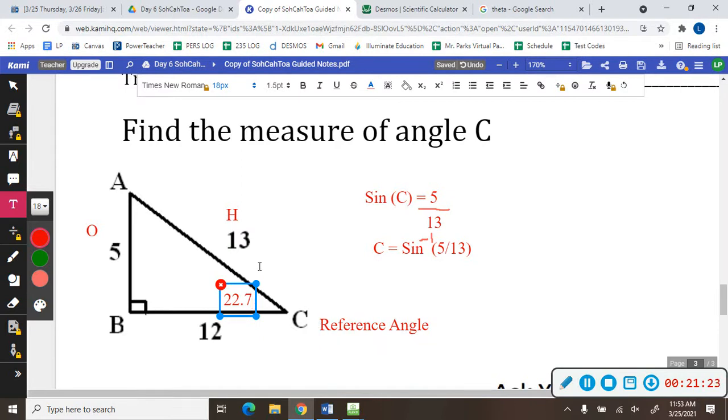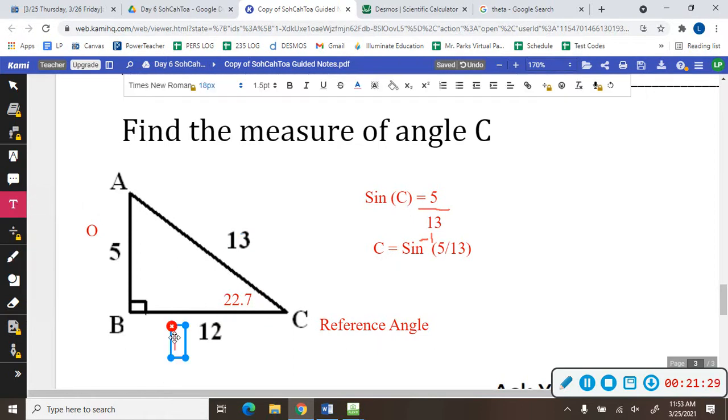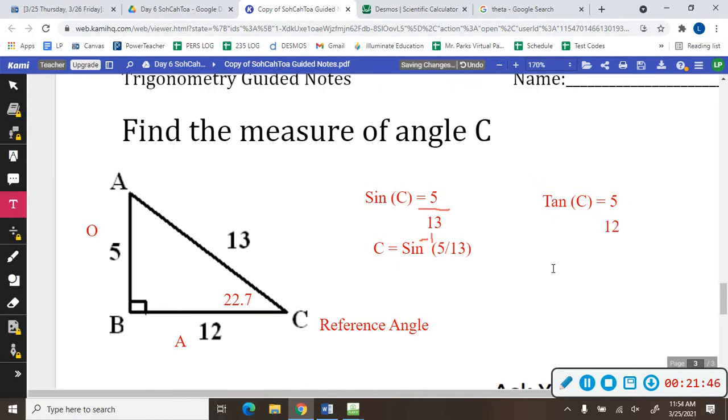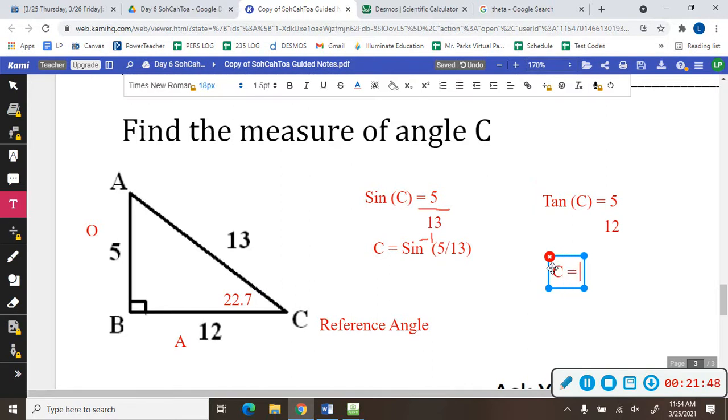Now let's say you had chosen, instead of O and H, what if you had chosen O and A? Would you get the same answer? And the answer is yes. Because now that's a tangent function. So you'd say the tan of C is equal to O divided by A, 5 divided by 12. And so now, to find C, you do the tan inverse of 5 divided by 12.